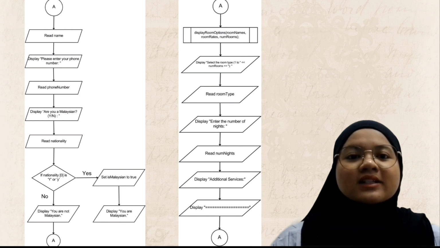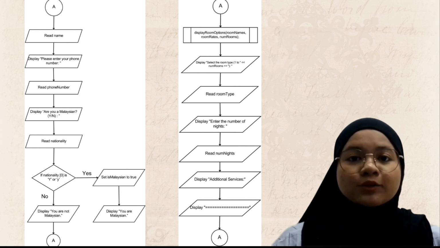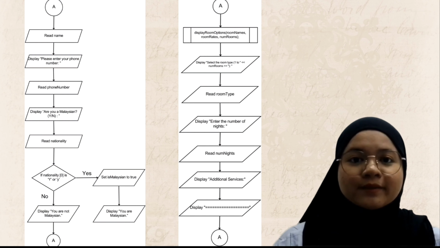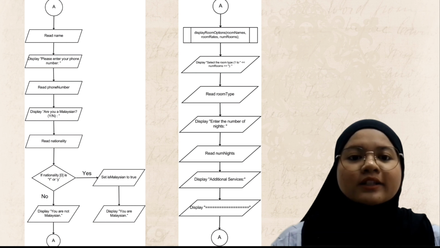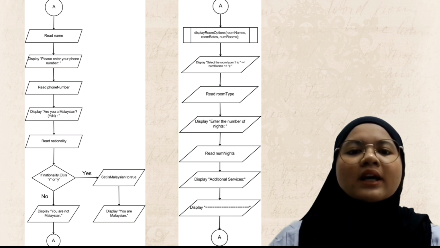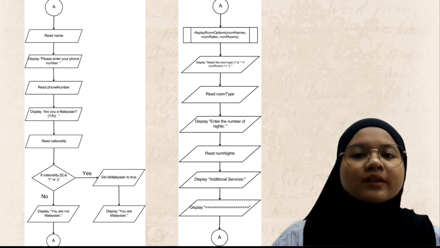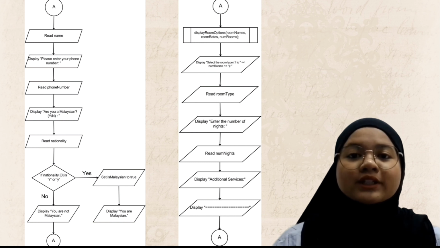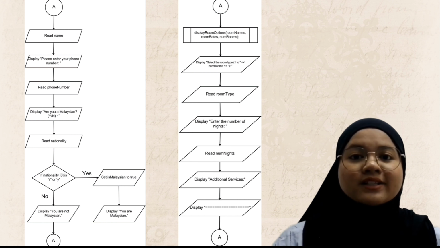Next, display room options such as room names, room rates, and numbers saved in the array. And then the program will display select the room type, and read the room type based on what the user enters.